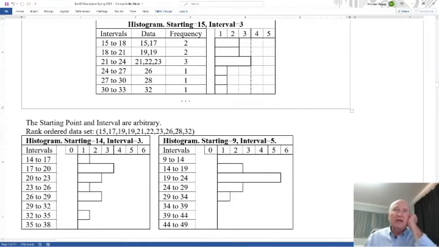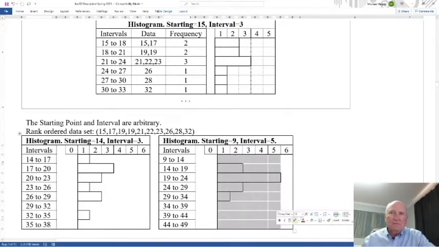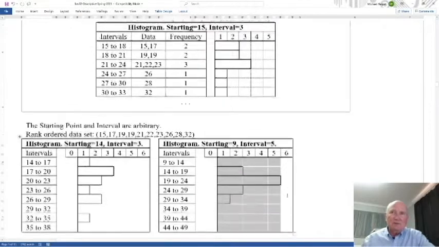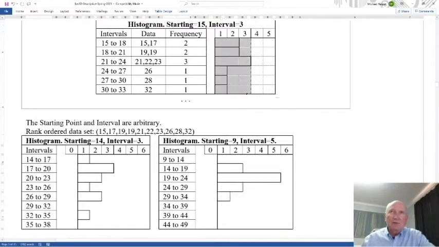I can also change the starting point from 15 to 9 and change the interval from 3 to 5. When it has a broader interval, I'll have a smaller number of intervals. And the histogram looks like this. Very big difference from what we had before. So again, the starting point and interval are arbitrary.